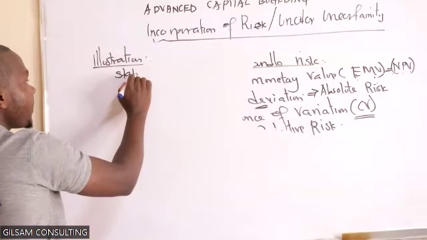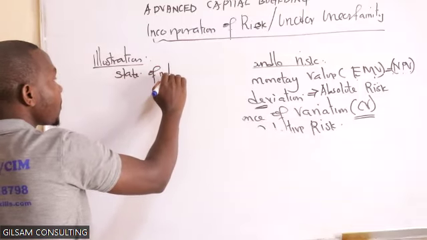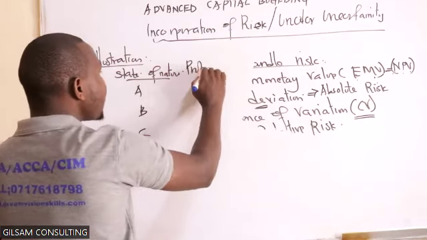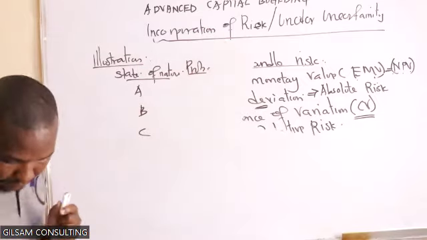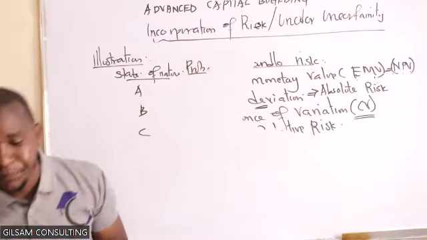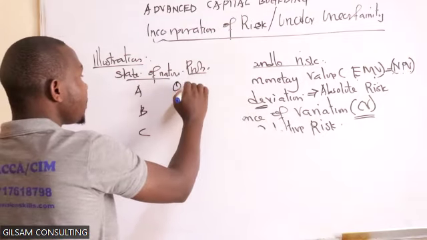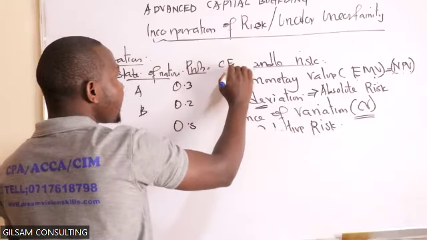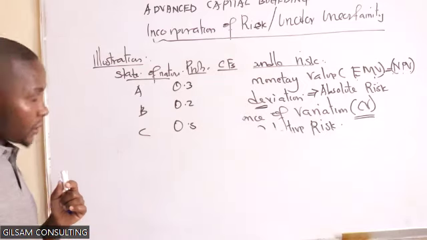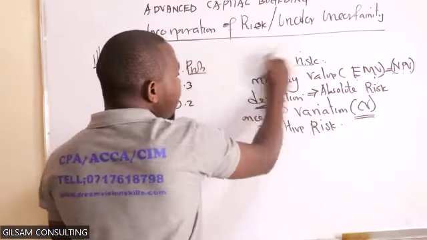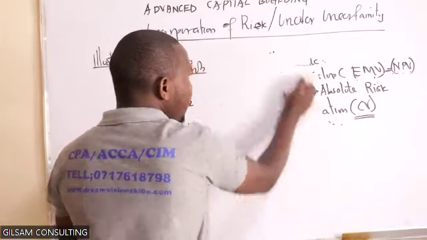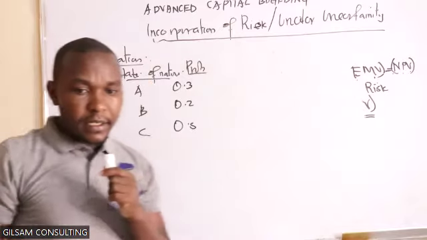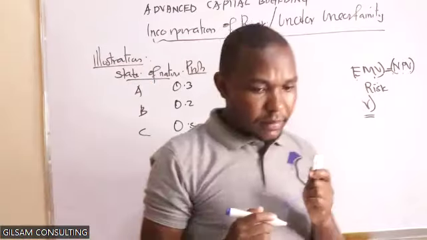We have the state of nature A, B, C, and then we have probabilities 0.3, 0.2, 0.5, and then we have the cash flow returns. So let's have two projects. Just a minute.